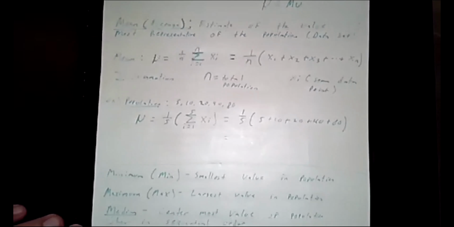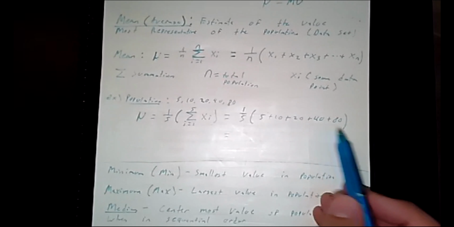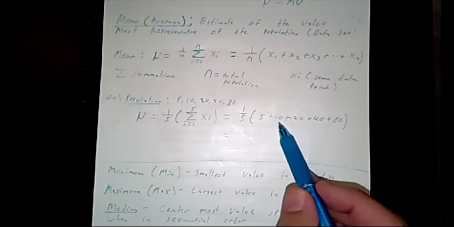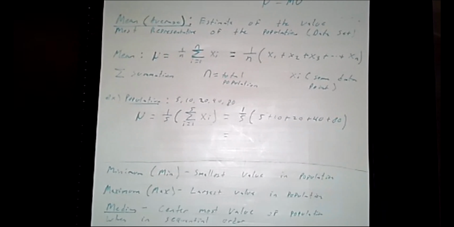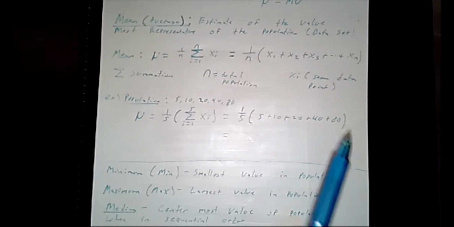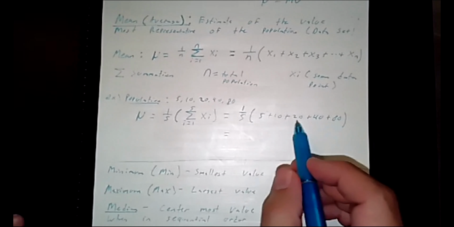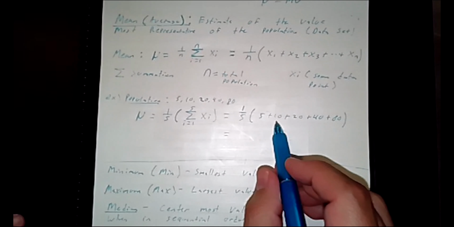Now, adding these up together, that would be 120, 140, 150, 155 divided by 5. What is that going to be? Oops, sorry, I think I messed that up. 120, 140, 155.